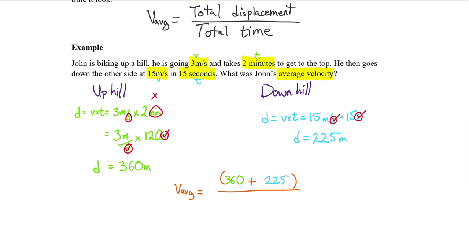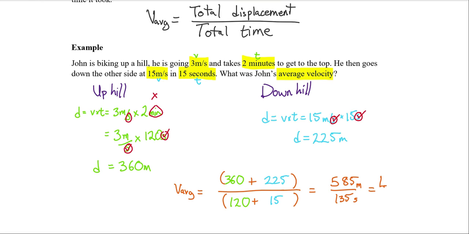And in my time portion, I'm going to need to add my time going uphill plus my time going downhill. I'm going to use the seconds because I want to stay consistent with my units. So it looks like we're going to have to take 585 meters divided by 135 seconds.